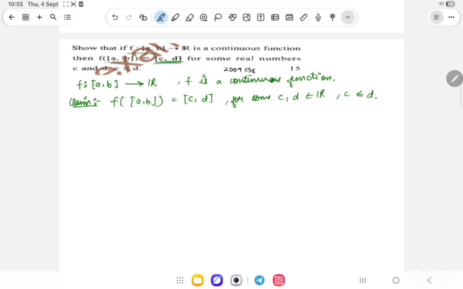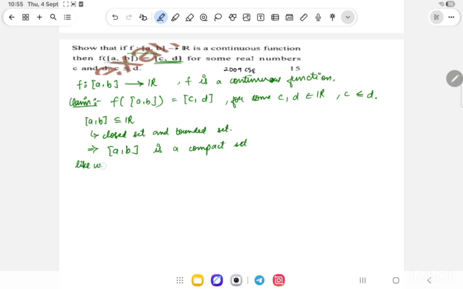So if you see, this set [a, b] is a subset of R and it is a closed and bounded set. So from here I can say that [a, b] is a compact set, because in R a closed and bounded set is a compact set. Likewise I can say that [c, d] is also a compact set.